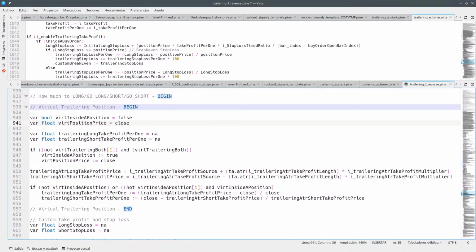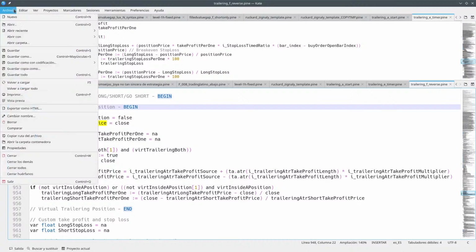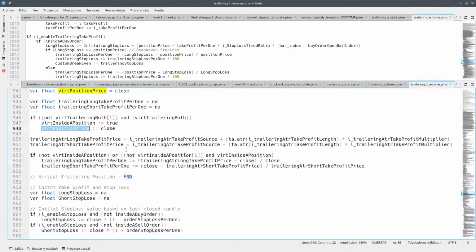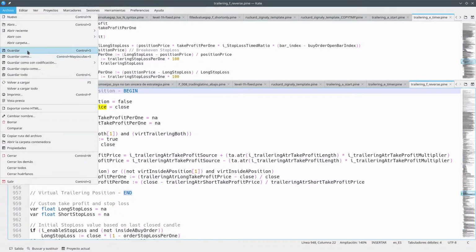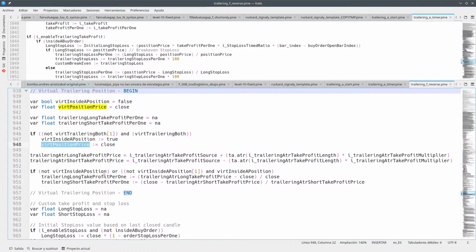Yeah, the first one should be the close price from the first candle. I mean, it's the only explanation that makes sense. So we are only going to update this if we go into a trade, so that we have the right value. Yeah, that's the idea.